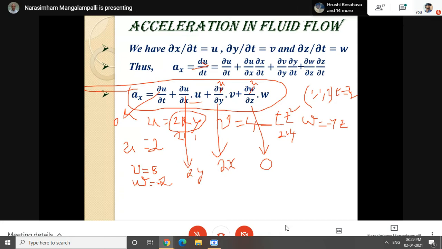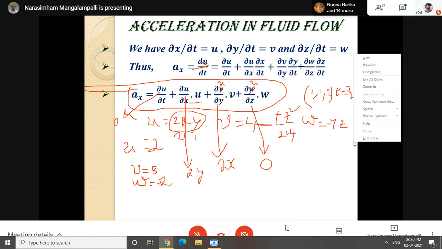I think I have to modify this type of presentation because I thought I could use this mouse and explain, but it is taking too much time and it's very inconvenient for me. That point is not visible.